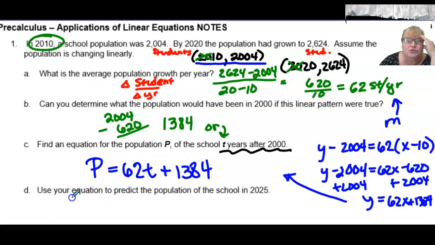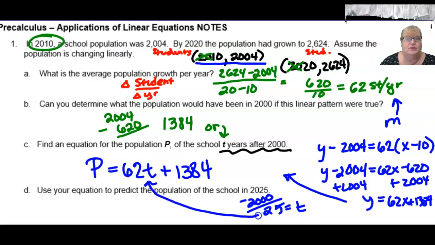Okay, use your equation. This is the whole reason you do this, is to be able to make a prediction. So if we're going to predict the population in the year 2025, first of all, we're going to take off our 2000 and say we need to use 25 years later, and that would be t. And we're just going to put that in here. So 62 times 25 years of growth from an initial 1384.